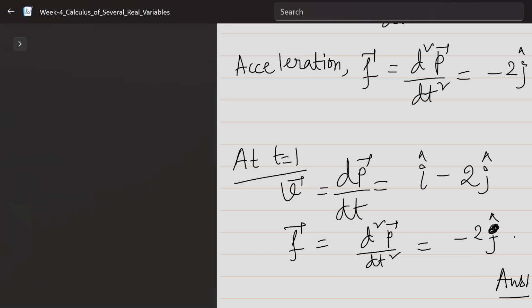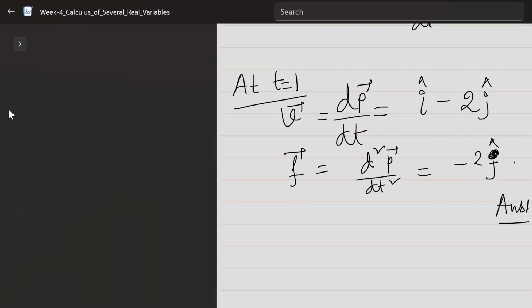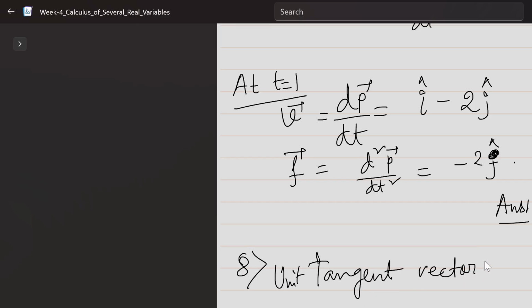So I will write. This is question number 8. So you have to find the unit tangent vector of the curve r of t equal to 3 sin t along the x direction, 3 cos t along y, plus root 7 t k.